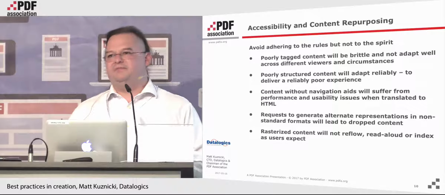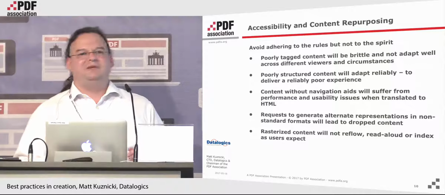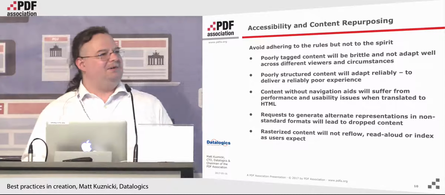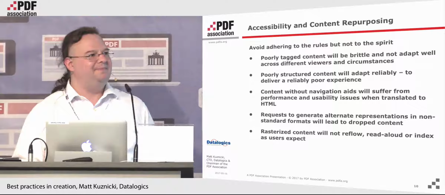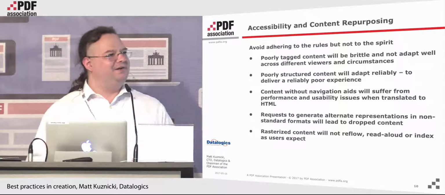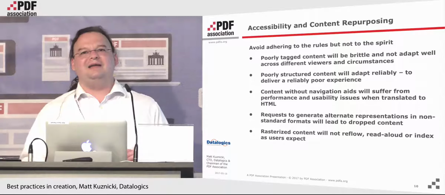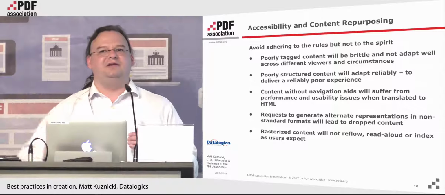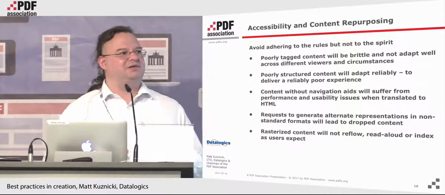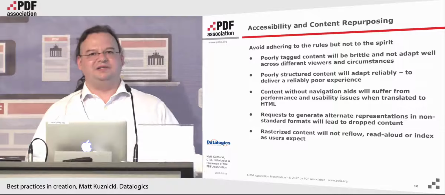Navigation aids, very important for next generation PDF. I know PDF 2.0 has lost quite a few pages along the way. We're down to 970 pages, but I really don't want to think about navigating that without any sort of sectioning or chaptering or bookmarks or navigation links or other affordances.